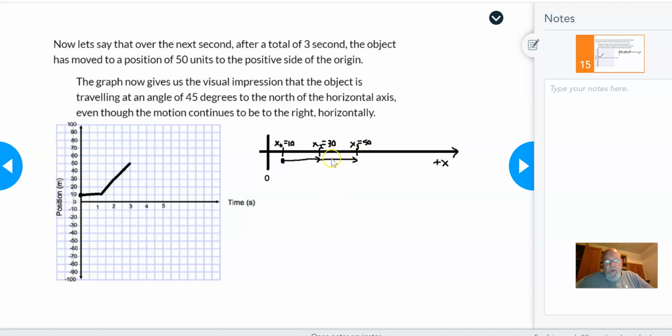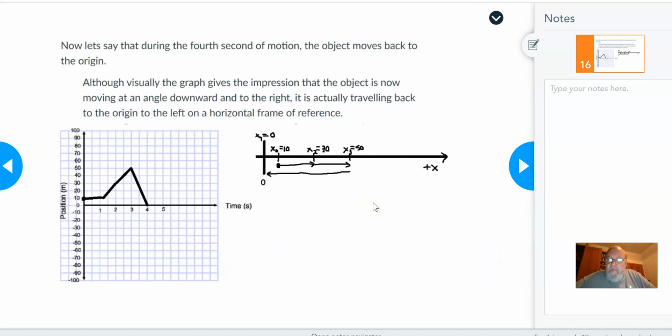So this shows us a more accurate representation of what corresponds to what's in our brain about the motion. This is the motion of the object. This is also the motion of the object, but it's more difficult to interpret. But as we'll find out, this type of graph provides us with a great deal of information that we need, that we can't get from our motion diagram. So go ahead and go to the next slide.